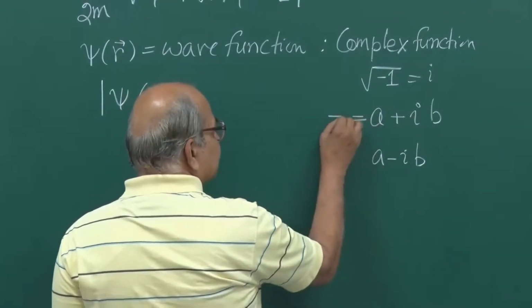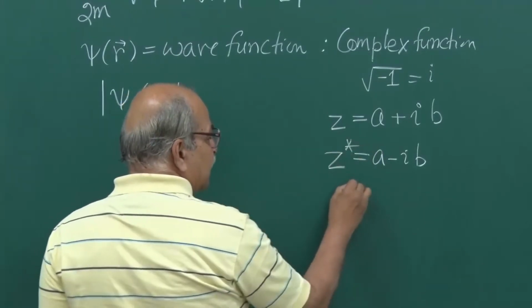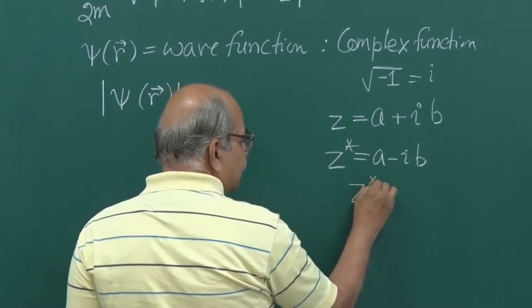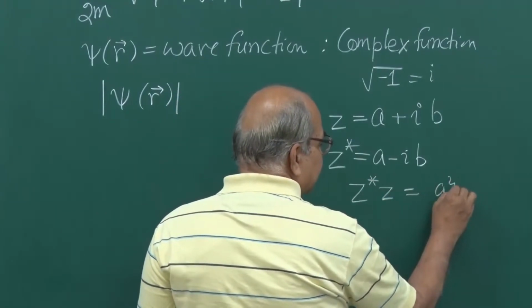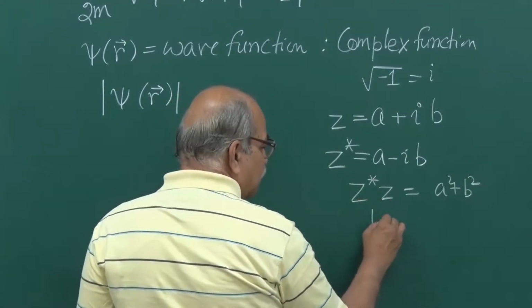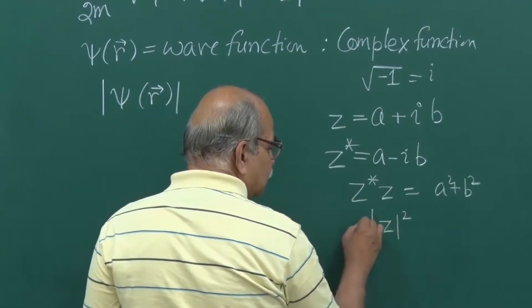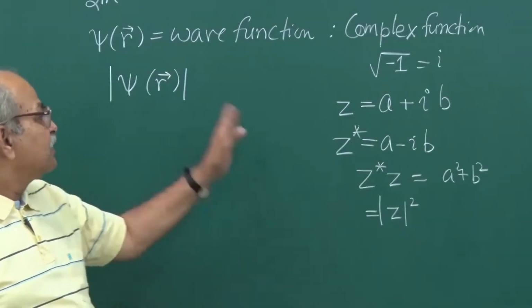So if this thing is Z, this thing is written as Z star, and if you write that Z star into Z, that will be A square plus B square, and this is known as mod Z square. So it is essentially the same thing.